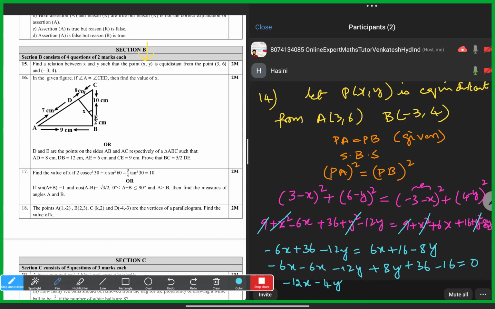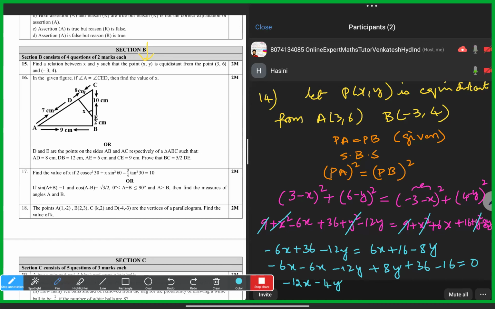Any doubt? Could you hear me? Now we can take overall minus 4 common. Minus 4 into 3x is minus 12x, plus y, minus 4 into y is minus 4y, and minus 4 into minus 5 is plus 20, equal to 0.